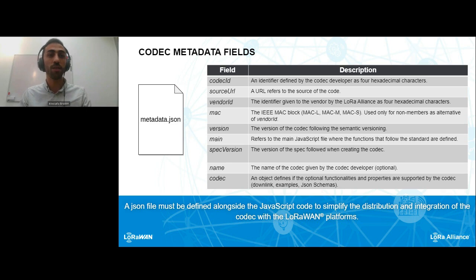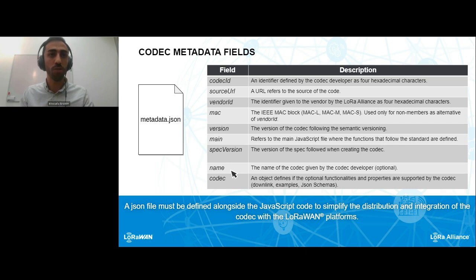Thus the spec version is an important field here, in order for the application server to know which version is supported. An application server can say, okay, we support this version of the spec, the standard codec on this version of the spec, and the codec developer also needs to know the spec version that is supported by the application server. Name is an optional one.